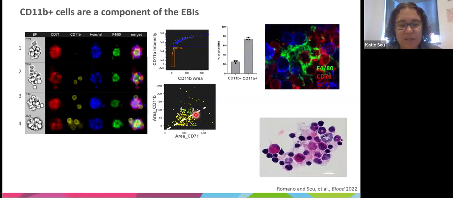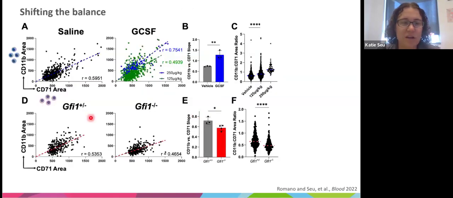And so we did a lot of work that I'm not going to discuss here, but basically these CD11B positive cells we determined were granulocytic precursors, and they are residing within the islands and maturing alongside the erythroblasts potentially. So we did some experiments looking at things that would perturb granulopoiesis to see what would happen to this balance.